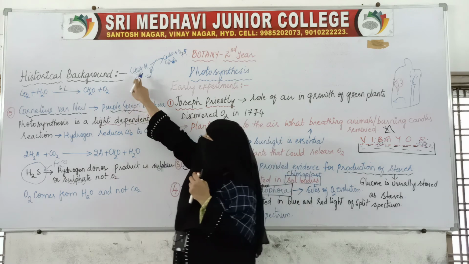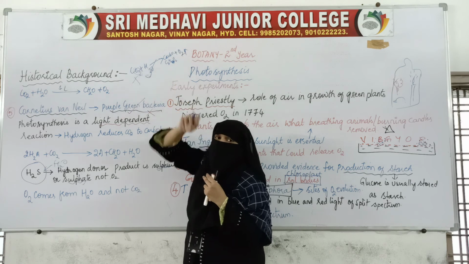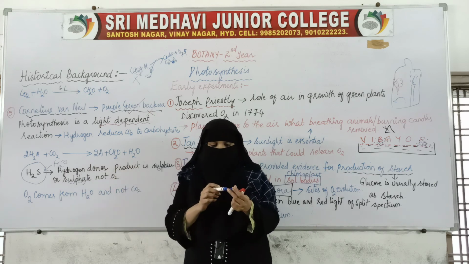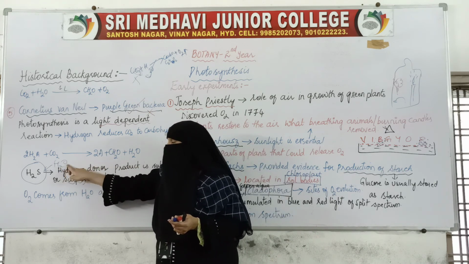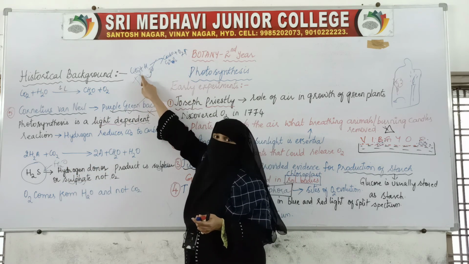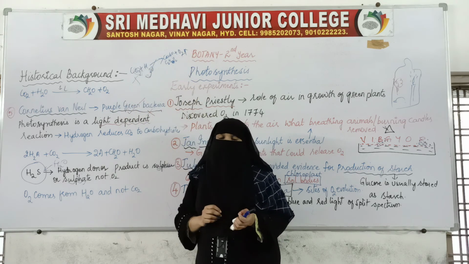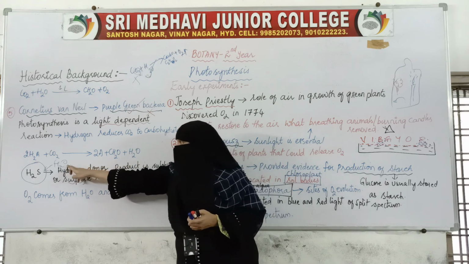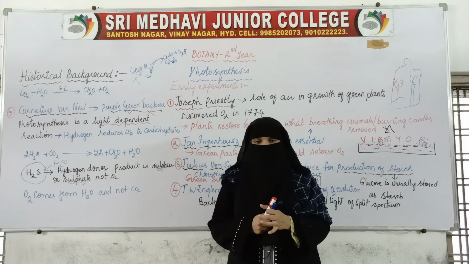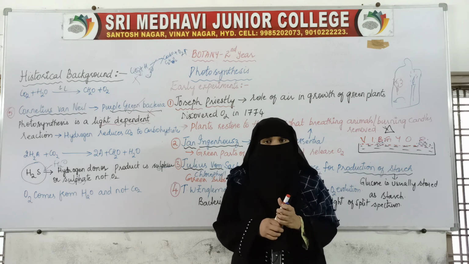Earlier it was assumed that the oxygen from the carbon dioxide is released. After this it was concluded that the water consists of oxygen, and this oxygen is released. So water is used and oxygen is released from the water, not from carbon dioxide.